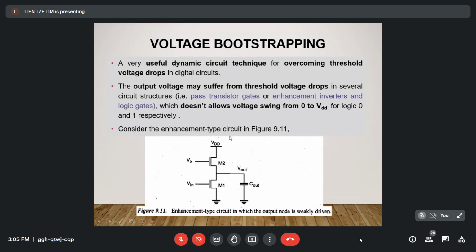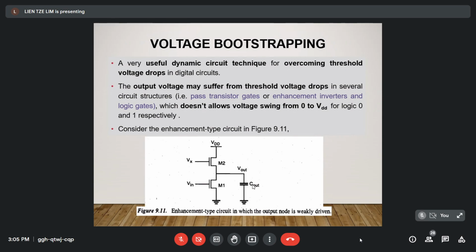Consider the enhancement type circuit in figure 9.11, with two NMOS, M1 and M2, and the output connected to Cout, the output capacitance.